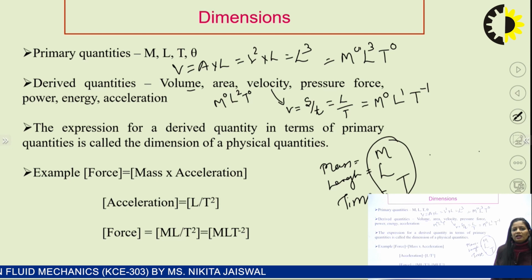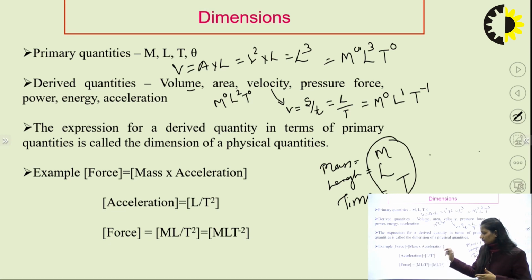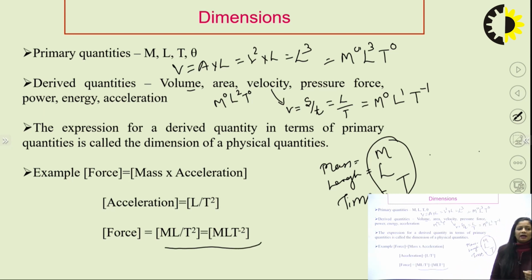So L will be your meter, and per second square means T to the power minus 2. So the overall formula you can see here is M L T^-2. In this way you can derive the dimensional equation for a particular quantity.